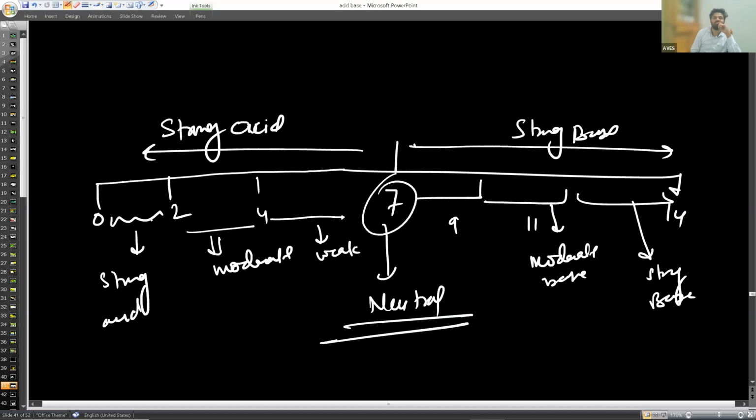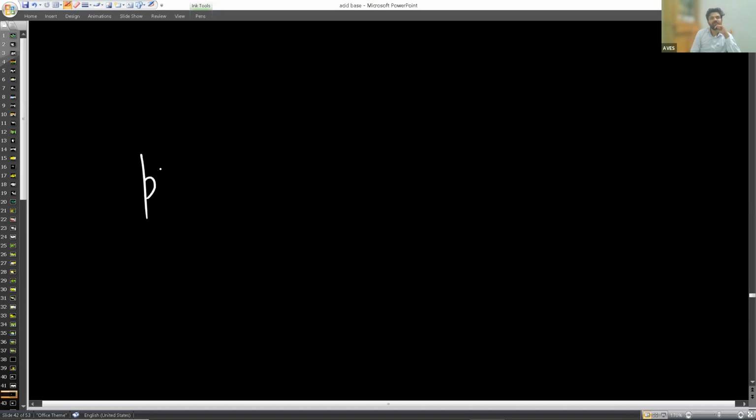So what is pH? pH is a scale which tells us how acidic or basic a substance can be. P stands for power of hydrogen ion concentration. And if I'm talking about the formula, pH can be defined as the negative log of hydrogen ion concentration.